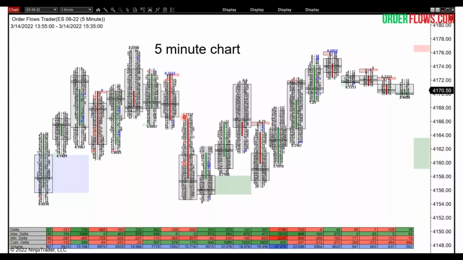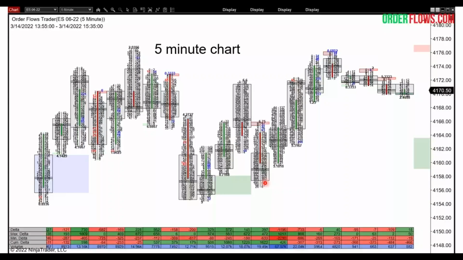Now this value area here, you had a value area, but it was tested. It came right into it in the next bar, because you're really looking for those bars where it hasn't been tested in the next bar. You're looking for when it comes back in and tests it. So you have one here, this bullish one, market went up, up, up, came right down into it right before the cash close, traded into that area.